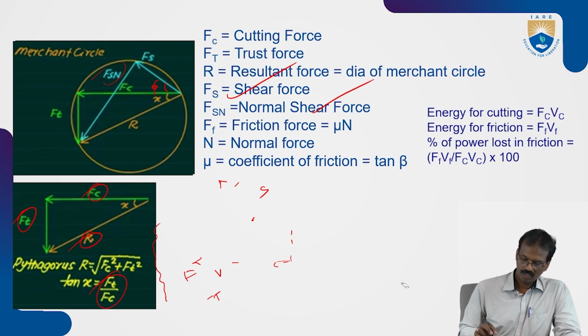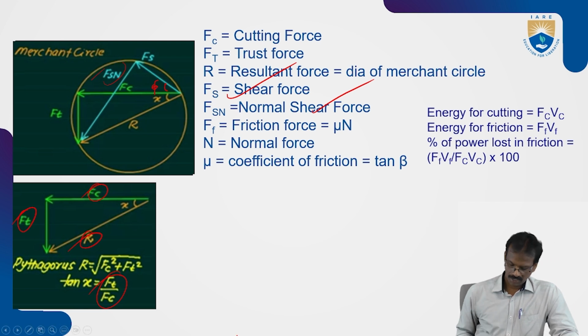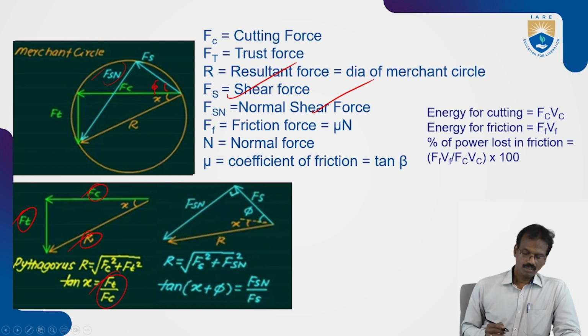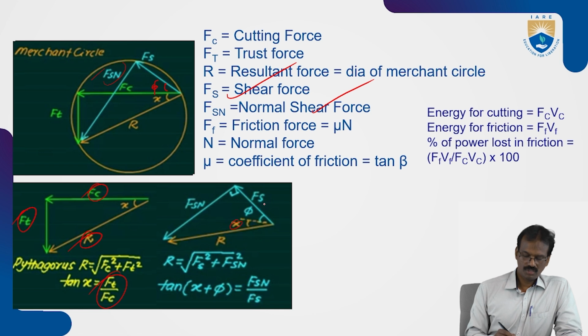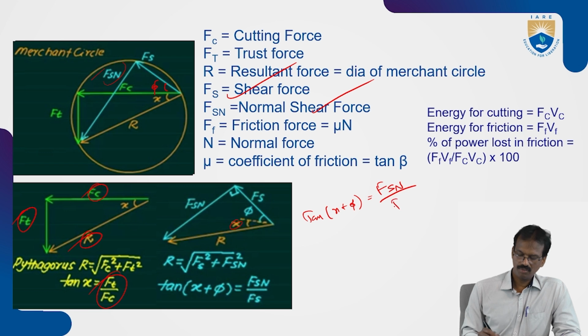This is x, which is related to the cutting force, and this is phi, which is related to shear. According to this triangle, tan of x plus phi is equal to the opposite side, that is FSN, by the adjacent side Fs.